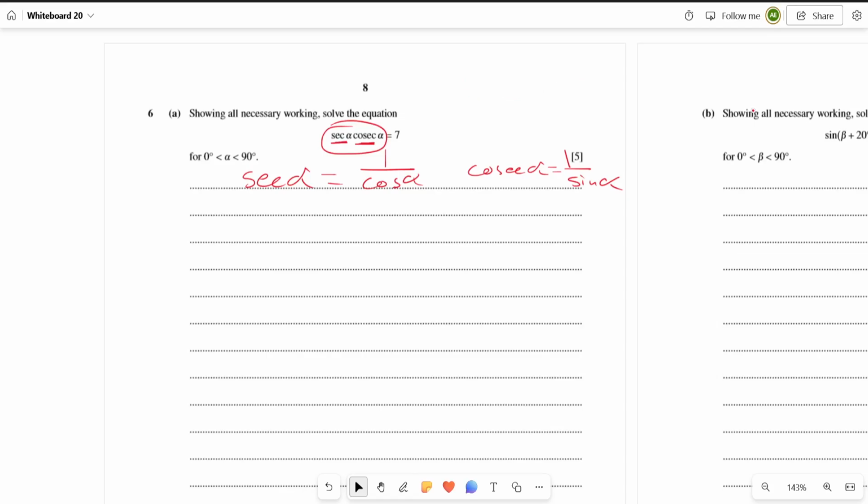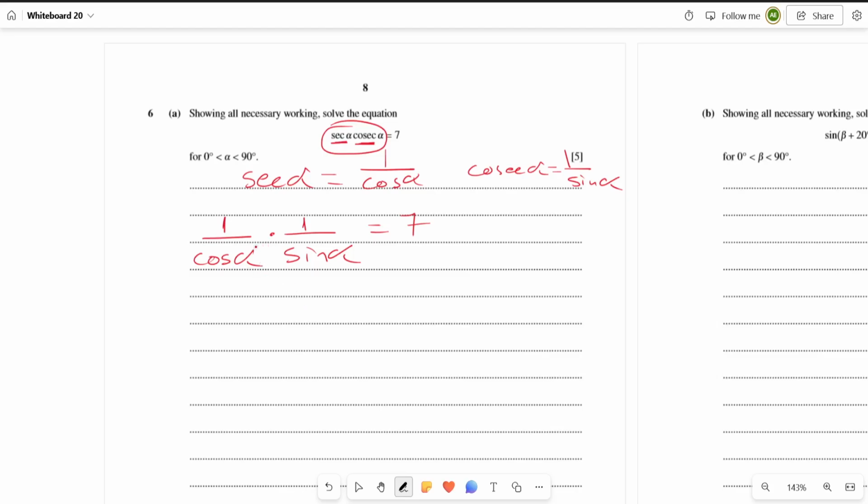So this is exactly what we're going to do here. We're going to change secant alpha times cosecant alpha into the respective sine and cosine functions. So secant alpha is going to be 1 over cosine alpha multiplied by, so it's 1 over cos alpha times 1 over sine alpha, and this is equal to 7.